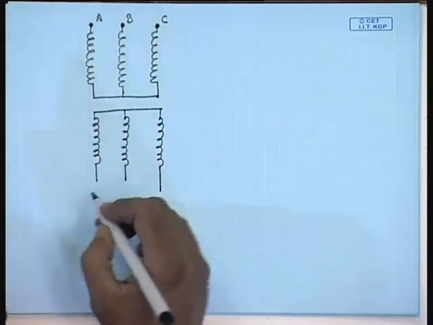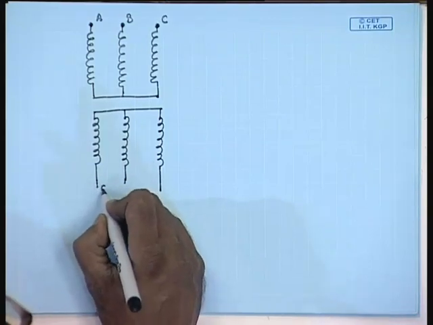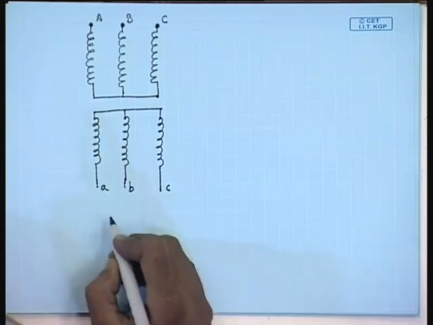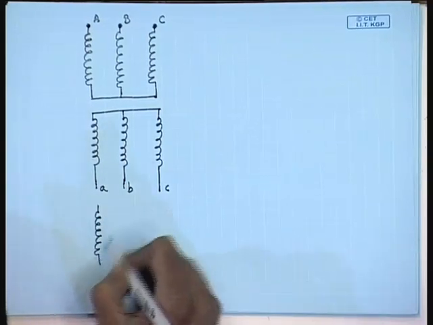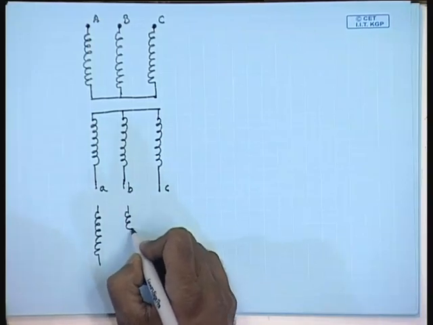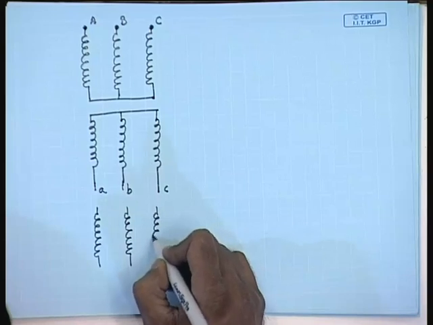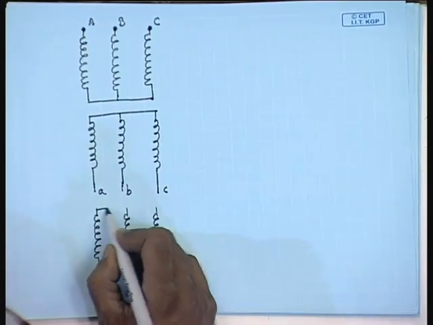This is the primary or high voltage winding, this is the low voltage secondary winding, and let us say this is the tertiary winding, which is delta connected.